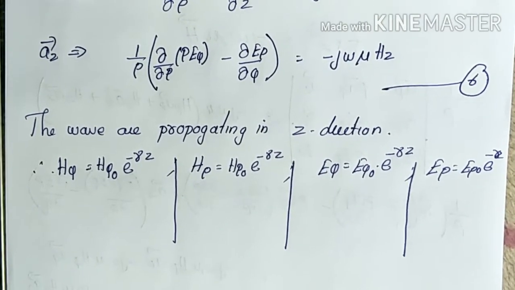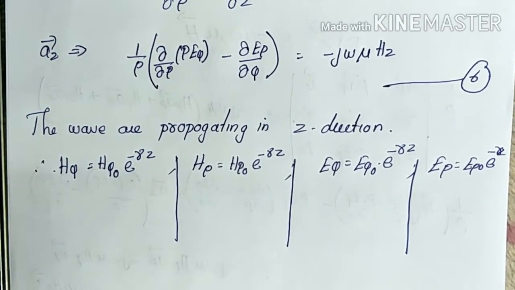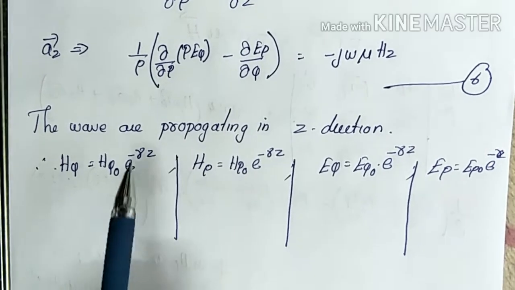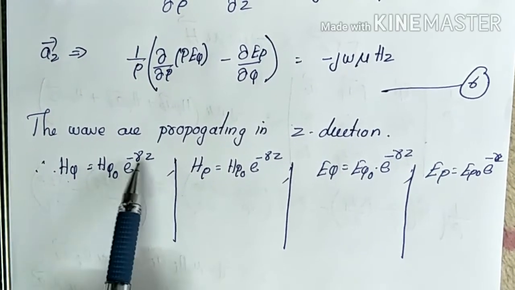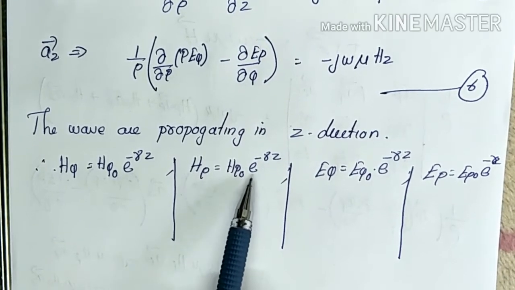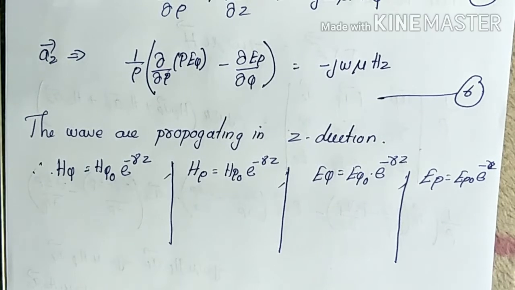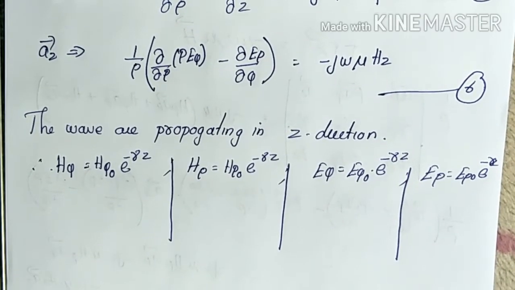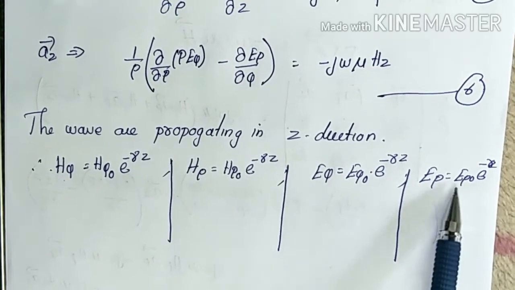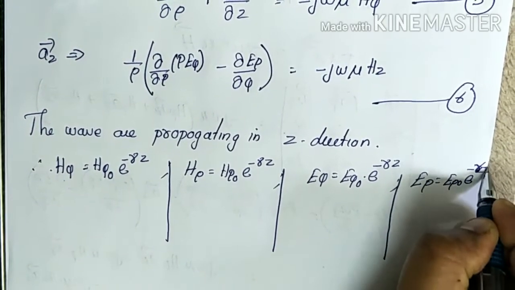Gamma is equal to alpha plus j beta. Alpha is the attenuation constant, beta is the phase constant. This gives the distortion factor. So e power minus gamma z. h rho is equal to h rho naught into e power minus gamma z. e phi is equal to e phi naught into e power minus gamma z. E rho is equal to e rho naught into e power minus gamma z.